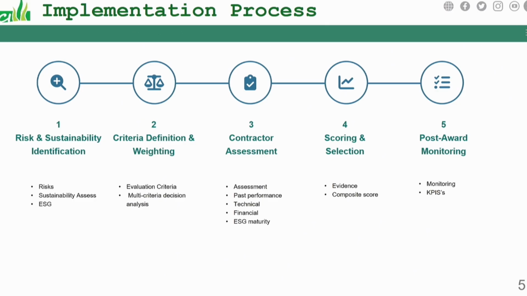So you create a criteria that you use to select. Then you go to assessment. At assessment, you are looking at what a contractor has brought, the evidence in his documents, which shows that he can deliver what you have identified in the first step. And then you go to scoring.